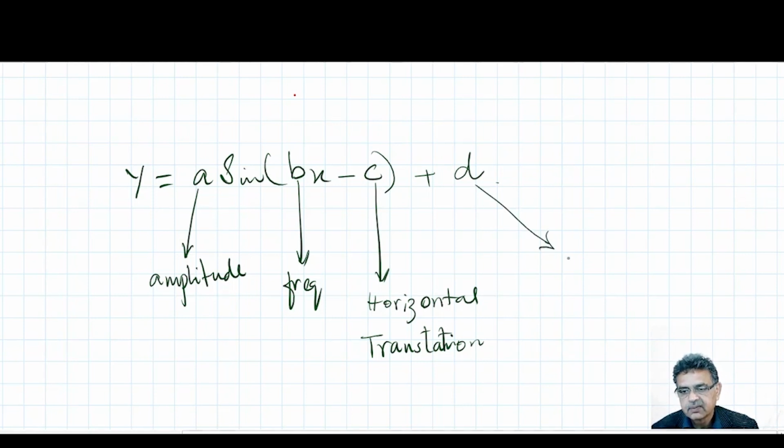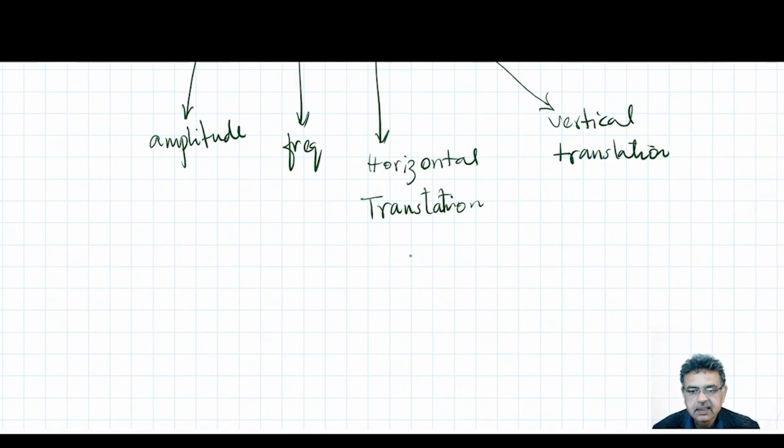This value is for vertical translation. This value changes frequency, amplitude, and these things. If we change this sign, if it is positive, then the translation is minus C, 0.